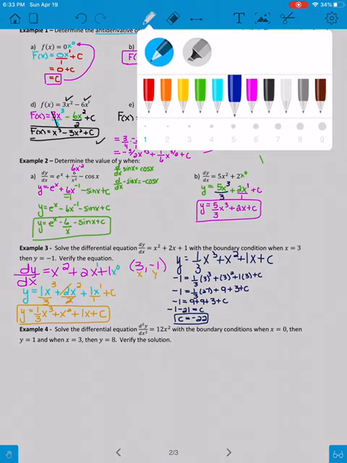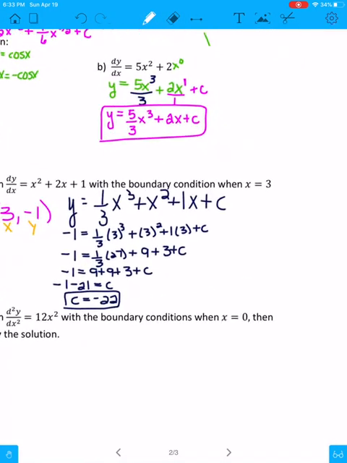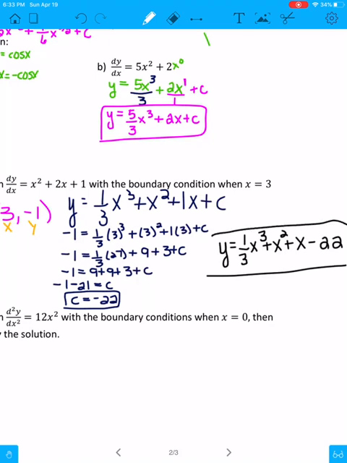I get y equals 1/3 x cubed plus x squared plus x minus 22. And now I actually don't have the c there because I figured out what c was. Boom. So you can actually figure out c, but they have to give you a point off the original.